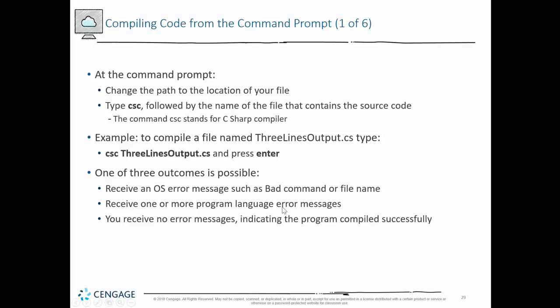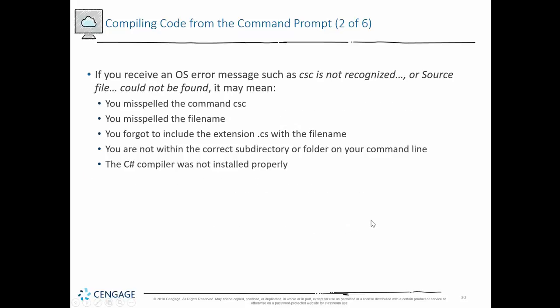I can receive other types of error messages. And you'll see that in C# if you're supposed to put a semicolon at the end of a line and you don't. Hopefully you don't get any error messages. That means that the program at least compiled successfully. If it doesn't run successfully and you get an error, you want to look through and see, did you misspell something?